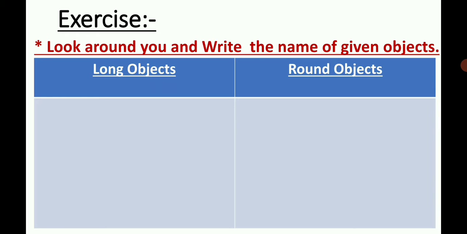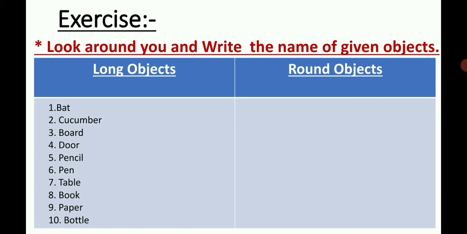Now some exercise. Look around you and write the name of given objects. Kids, have a look around you and observe different things and write some long objects' names and some round objects' names given in the box. So first let's know about long objects' names.